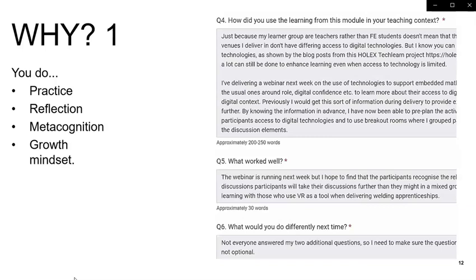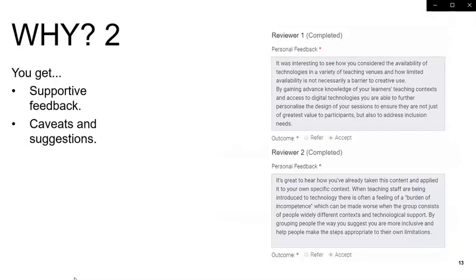And on the next slide, the other element, when it comes to the badging, at the 2-star and the 3-star badges, where you're submitting a reflection or you're submitting a resource, you get feedback from other professionals. So not only are you doing the reflection, but you're also building the community response.